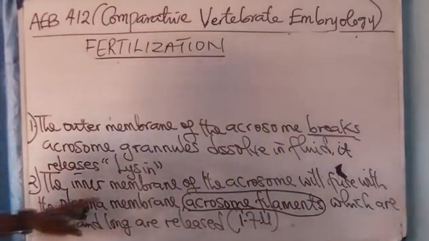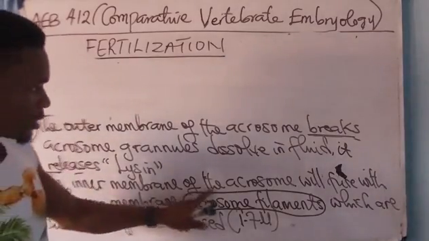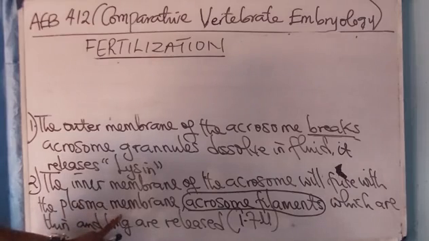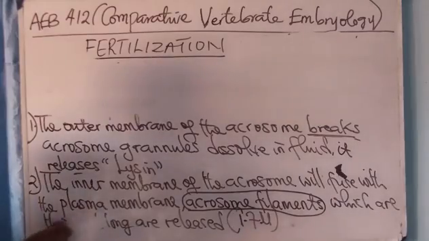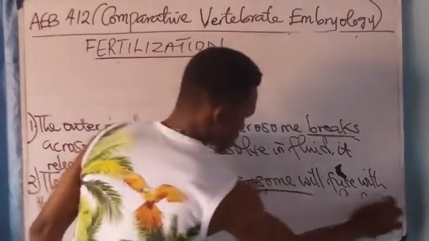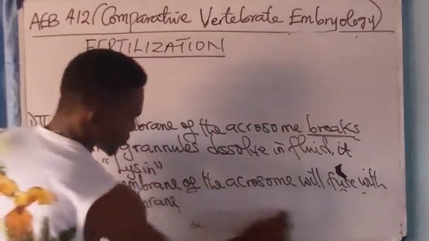Now, I said the inner membrane of the acrosome will fuse with the plasma membrane. That is the second process, please. Now, this one is not found in the third step.